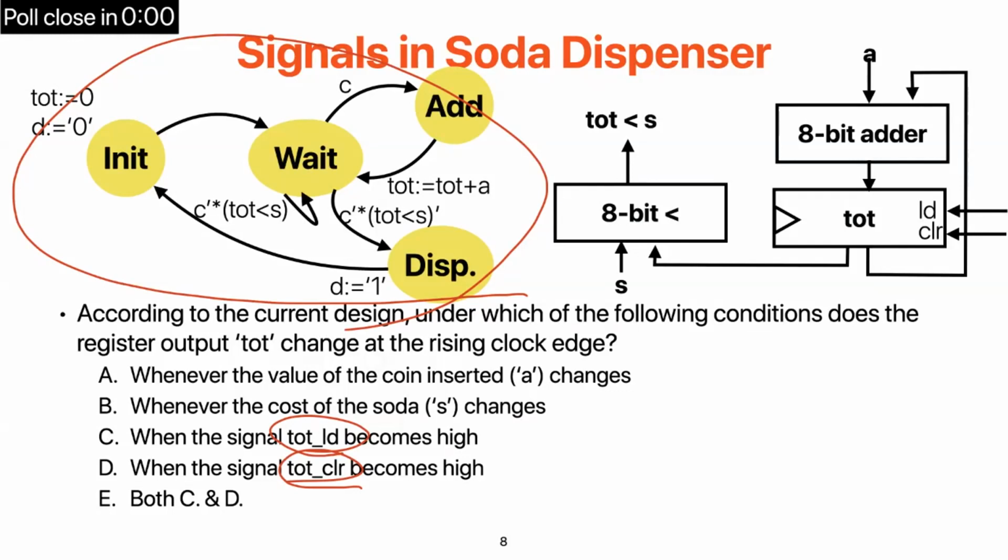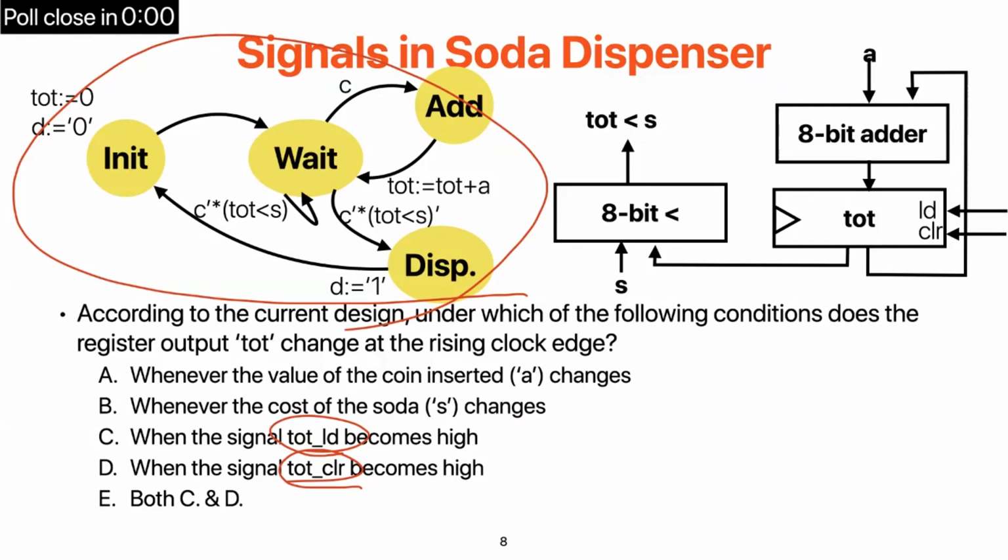Okay, so under which of the following conditions does the register output total change at the rising clock edge? What does that mean? You are going to change your value when you transition to a state, right?